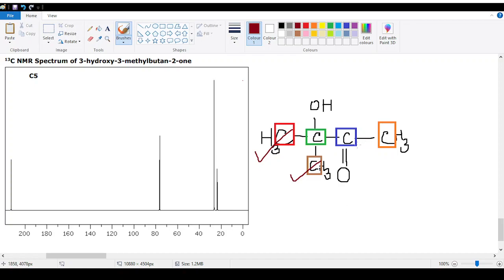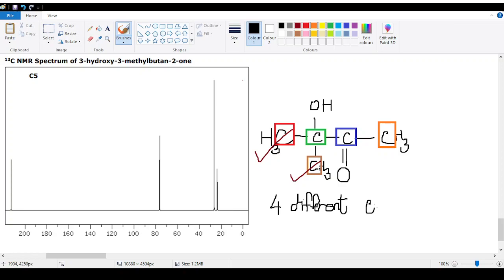Now, if you consider the other ones, the green color, blue color, and the orange colored ones, the three of them are completely unique, right? They have a completely unique chemical environment. So overall, can we say that there are four different chemical environments? Can I say this or not? Yes.